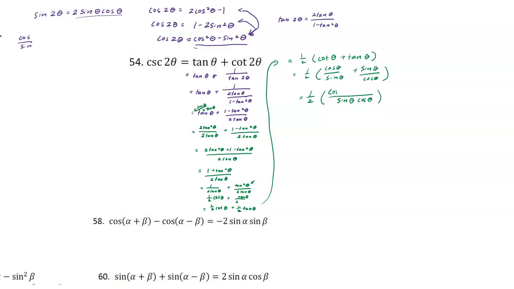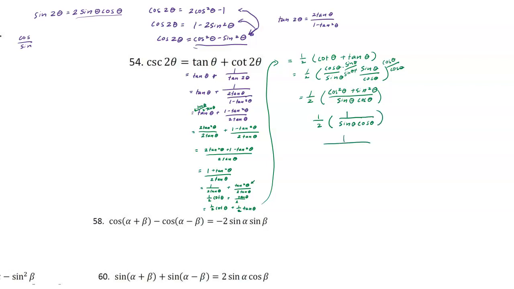So we're going to get a cosine square theta plus sine square theta, when we multiply this by sine theta over sine theta, and that by cosine theta over cosine theta. So we get a 1 over sine theta cosine theta.